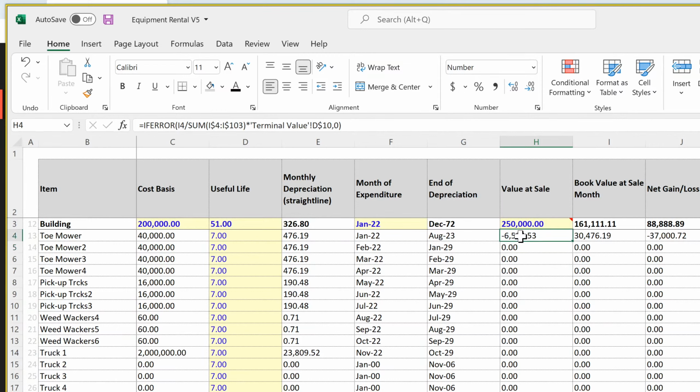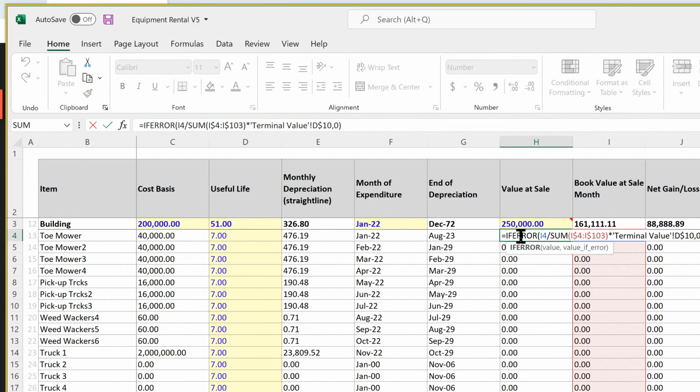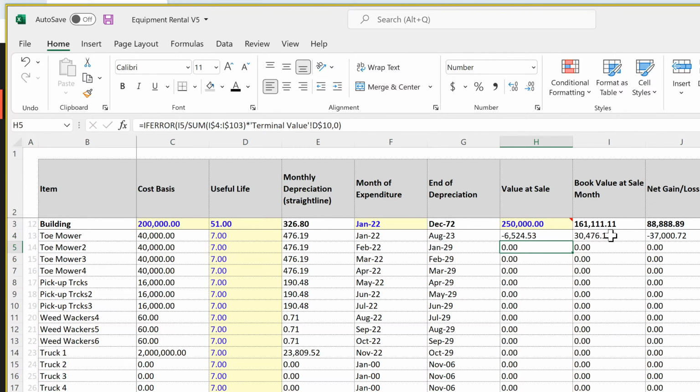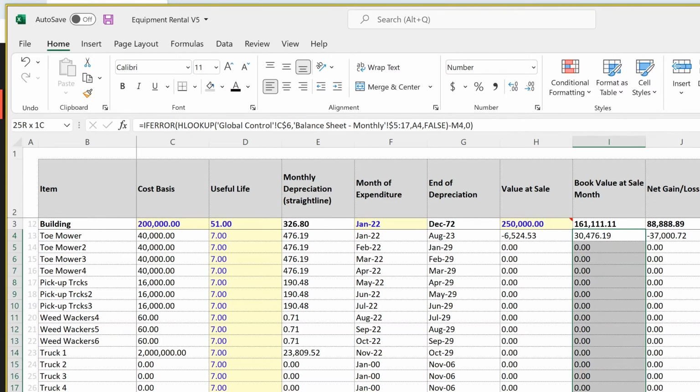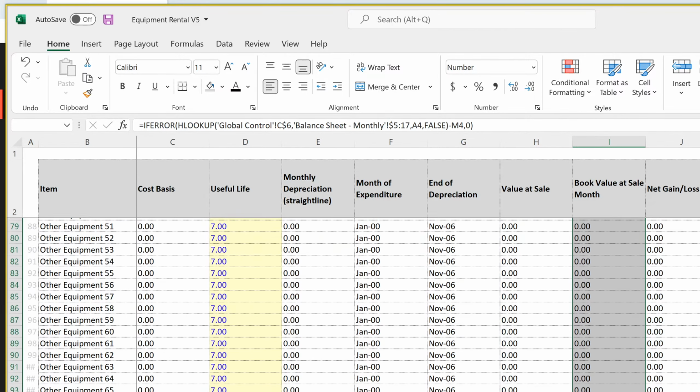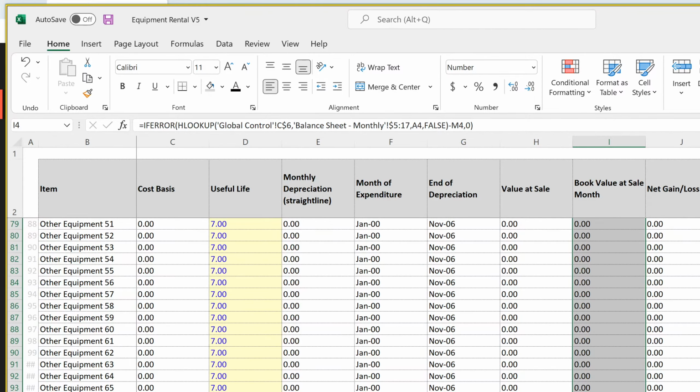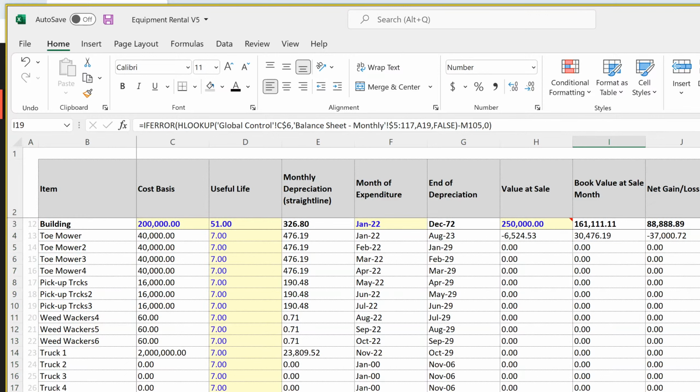Well, I'm trying to figure out why this is negative. It's doing this divided by all of column I. Is this negative? Oh, it is. Okay. We could have a HLOOKUP issue. That's probably what's happening here. The HLOOKUP.